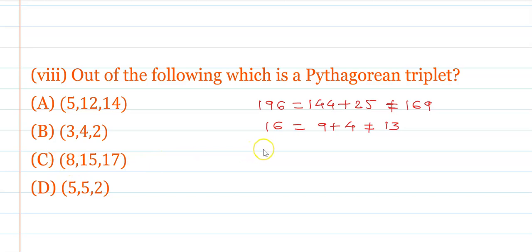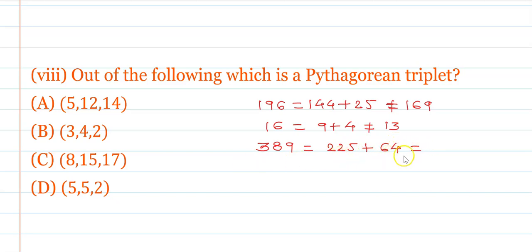17 square, that is a 289. Okay. 15 square is a 225 plus 8 square is a 64.